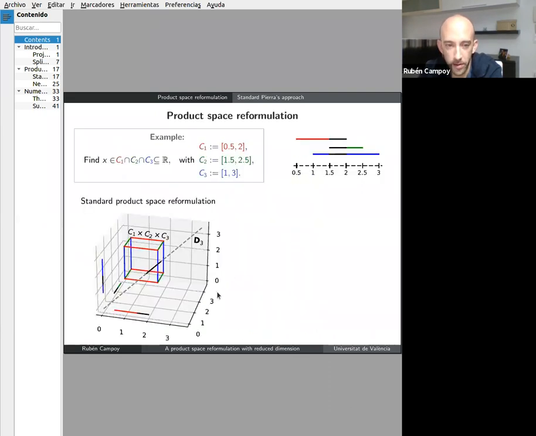So for example, in this particular instance, if we want to project this point onto C1 times C2 times C3, we just need to consider the composition on the original spaces. This is the first component, second component, and third component of this point. In the original space, we compute a projection onto the set. So we project each component onto its set, and then we build the product again.